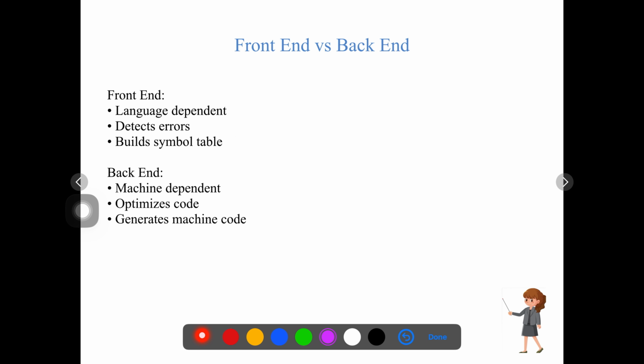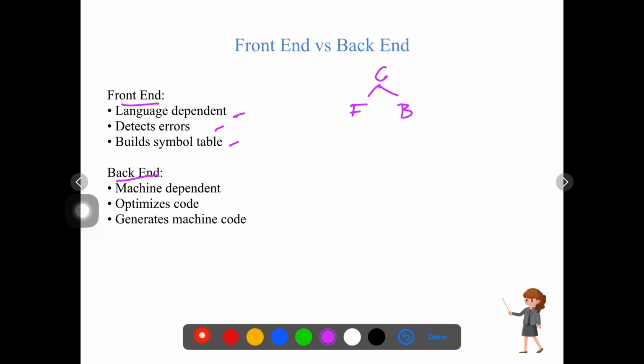Front end versus back end. The compiler is divided into a front end and back end for a better design. The front end is language dependent. It analyzes the source program, detects the errors, and also builds the symbol table.